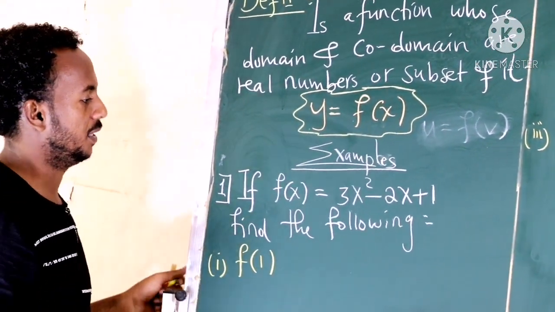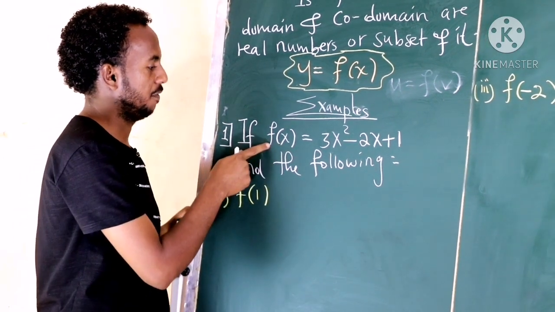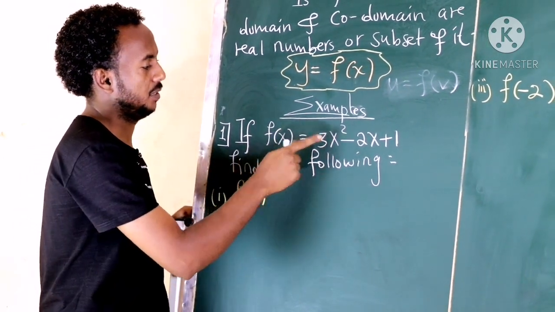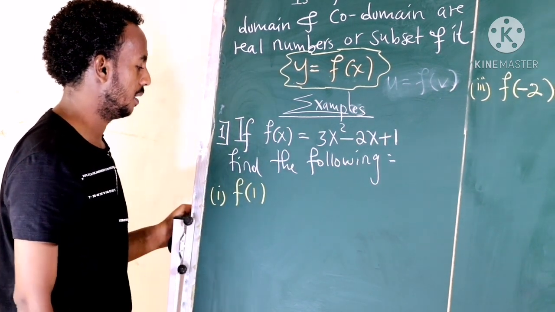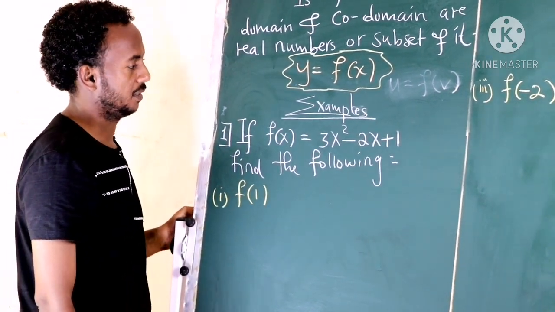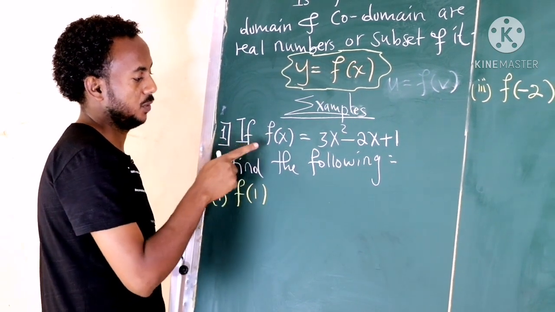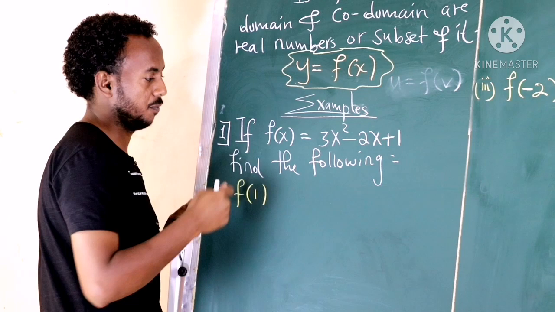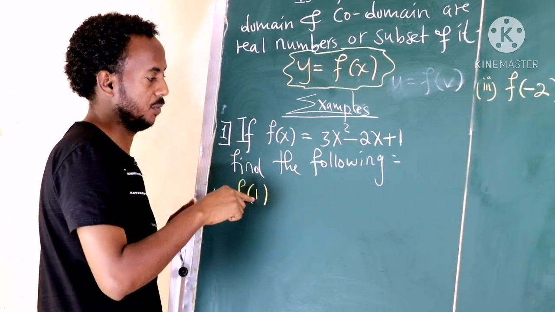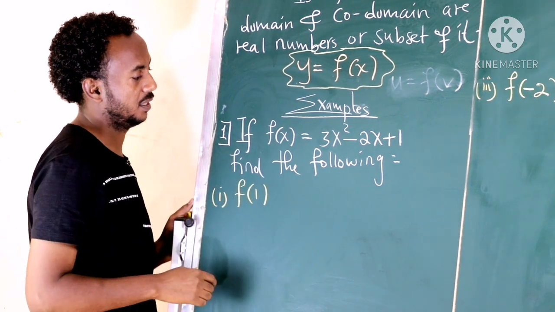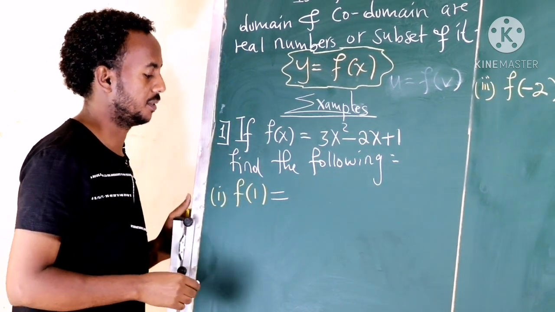Now let us see some of the examples. Example number 1. If f of x equal 3x squared minus 2x plus 1, this is just a polynomial function, find the following. Find f of 1. Here it was f of x. What have we realized? In this, x is replaced by 1, or 1 is to be placed in the position of x. So how do we solve this?